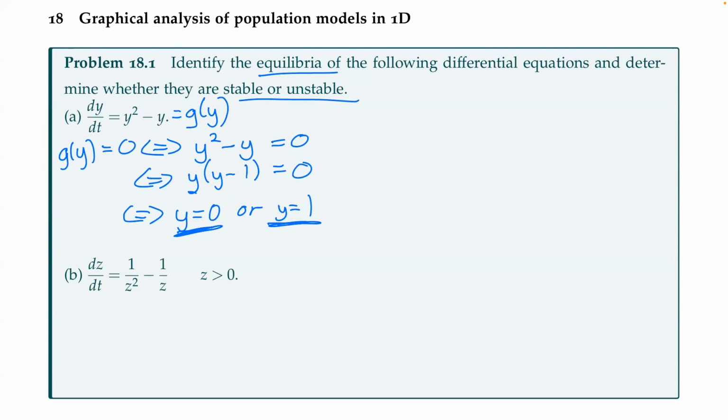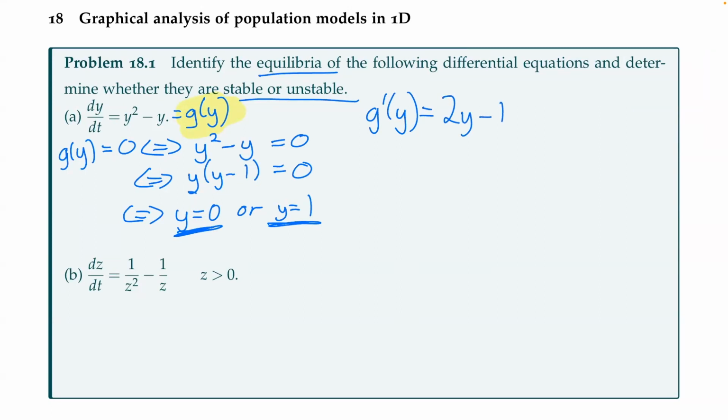Now we want to work out their stability. So to work out their stability, we need to think about the derivative of this growth function, g of y. So if we take the derivative of g with respect to y, we're just going to get 2y minus 1. So we had y squared, so that becomes 2y when we take this derivative.